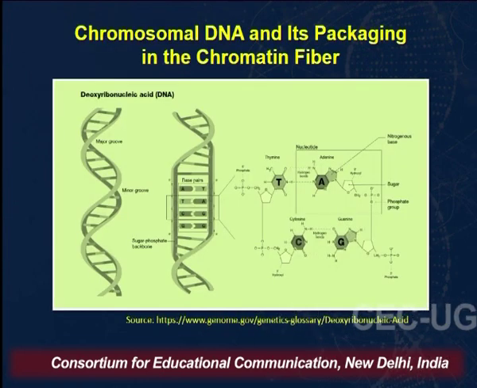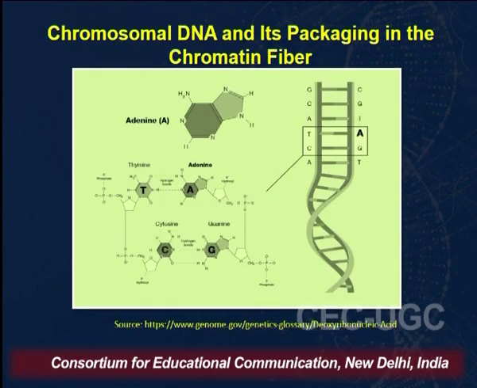Now the chromosomal DNA is basically a double helix structure in which there are two helices running anti-parallel to each other. Each of them is attached to the other with the help of hydrogen bonds between the nucleotides. The nucleotides can be adenine, thymine, guanine and cytosine. These nucleotides have characteristic hydrogen bond formations between them.